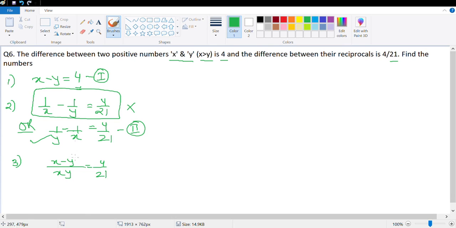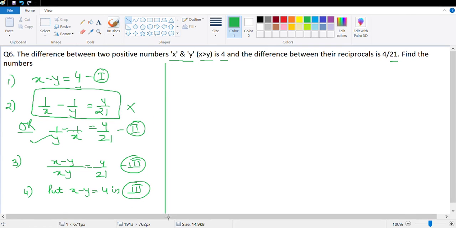Correct? But we know x minus y is equal to 4. So put x minus y is equal to 4 in, let's call this equation 3, and what we get is 4 upon xy is equal to 4 upon 21.